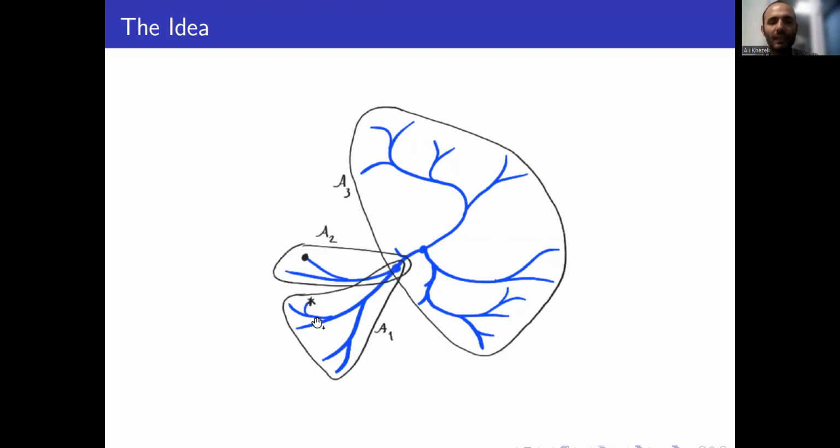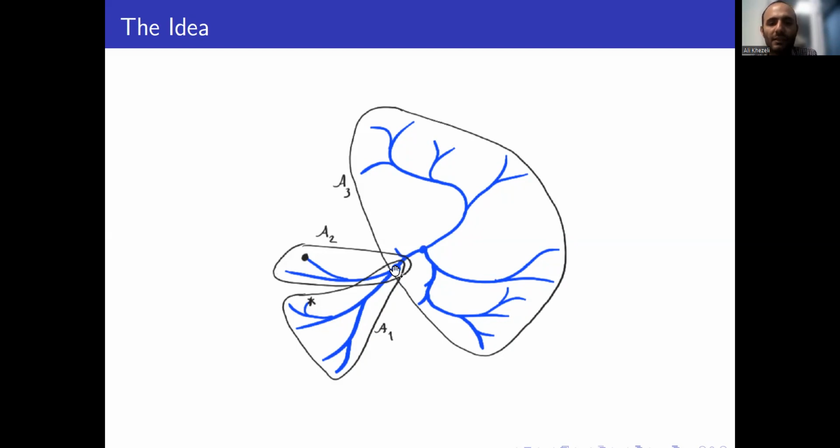Now assume from the beginning that we have 2 special leaves, which are shown by a star and bullet in this picture. Instead of cutting at the centroid, I will cut the tree at a vertex on this path, which is the shortest path between the 2 special leaves. So I choose almost the middle of this path, but not exactly the middle. It's the projection of the centroid on the path, so the closest vertex to the centroid.